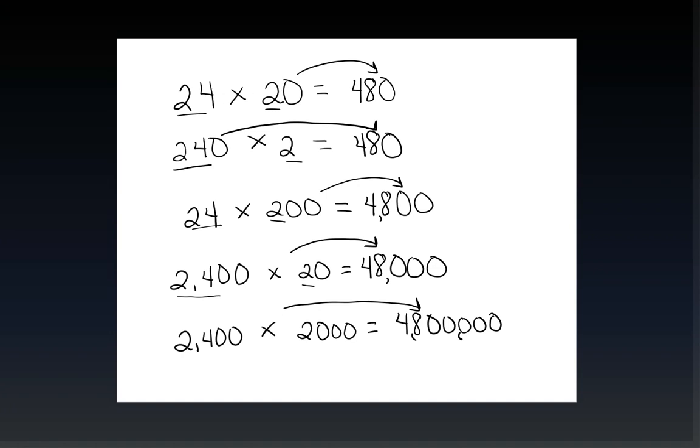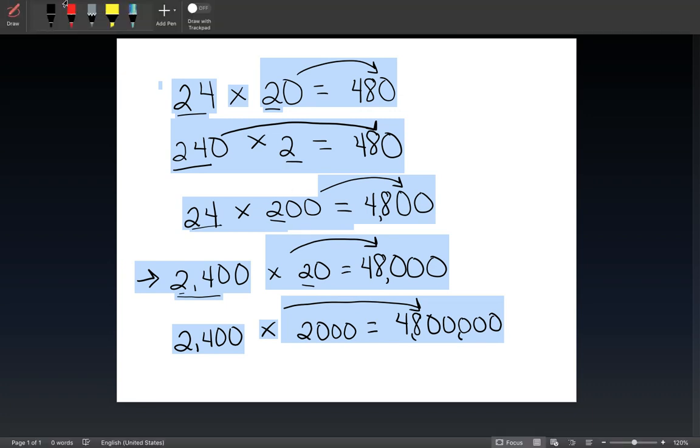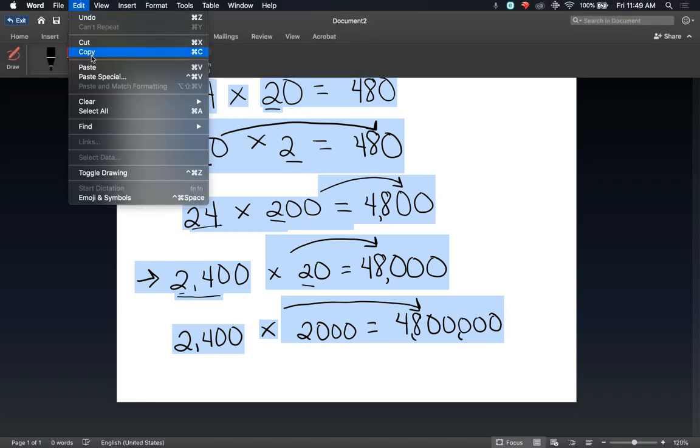And then I'm going to count how many zeros I have, and I'm going to add that zero to the end. Again, it doesn't matter if the zero's on this side. It doesn't matter, like jumping back down here, if the zeros are on both sides. I'm going to look at the numbers that aren't zero, 24 times 2. I'm going to do that math and write it. And then I'm going to count how many zeros I have in my total equation, and I'm going to add those zeros to the end.